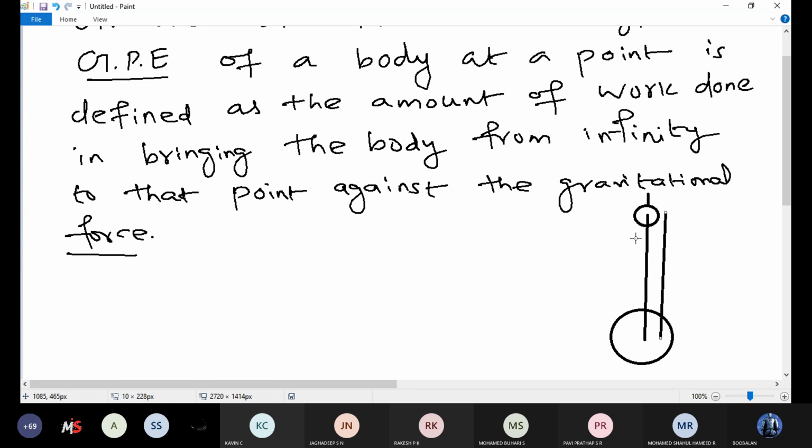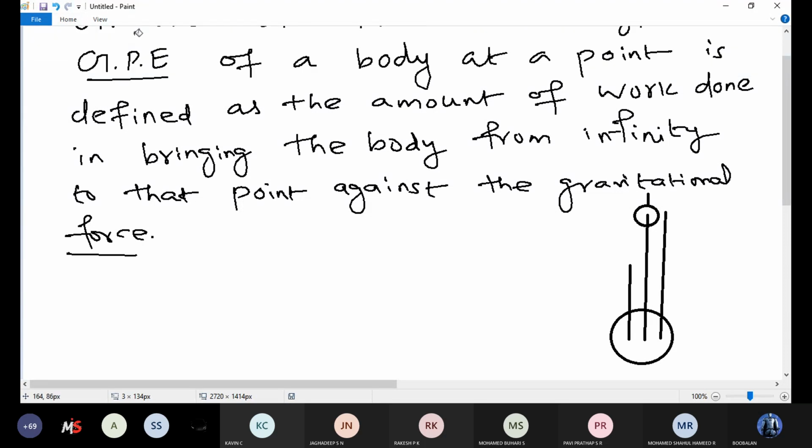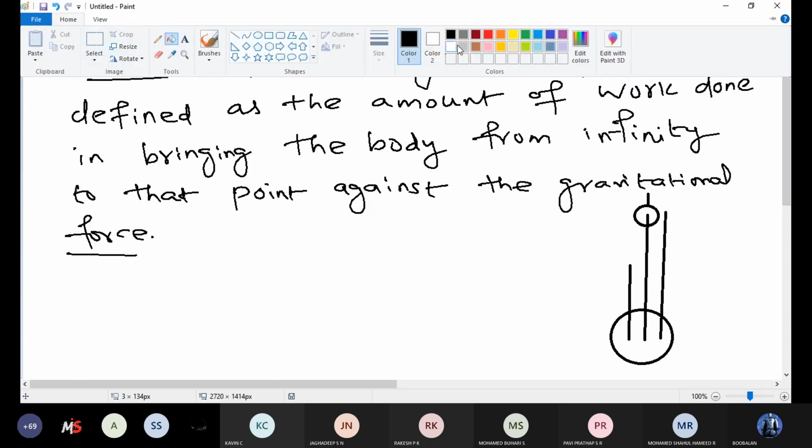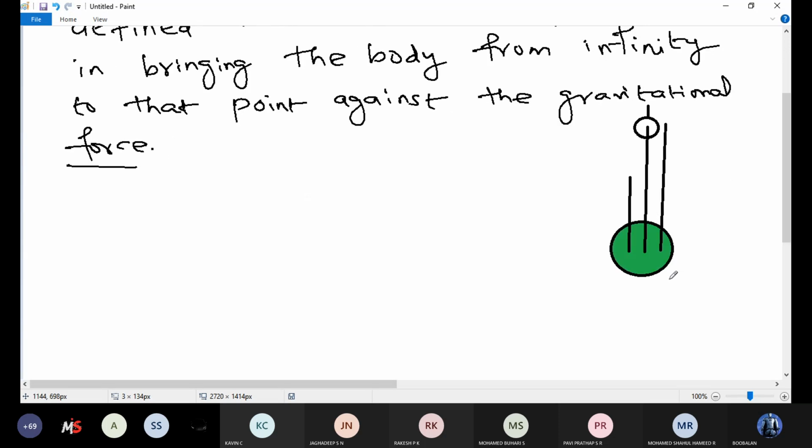Everyone draw the diagram now. So this is our Earth.